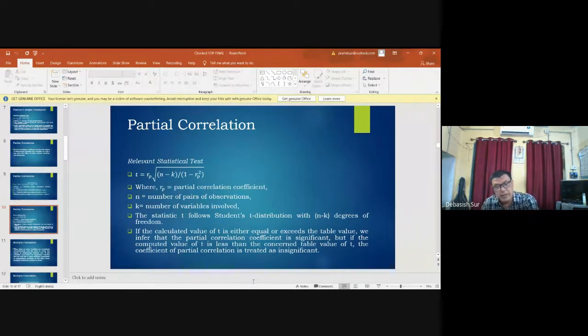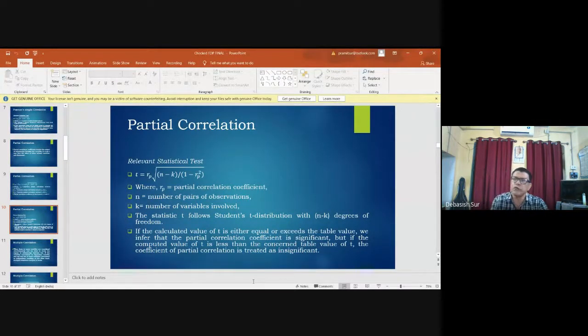In order to examine whether the partial correlation coefficient is statistically significant or not, the t-test is used. Here also the t-test is used, where t equals rp into root over (n minus k) divided by (1 minus rp square), where rp is the partial correlation coefficient, n is the number of pairs of observations, and k is the number of variables involved.